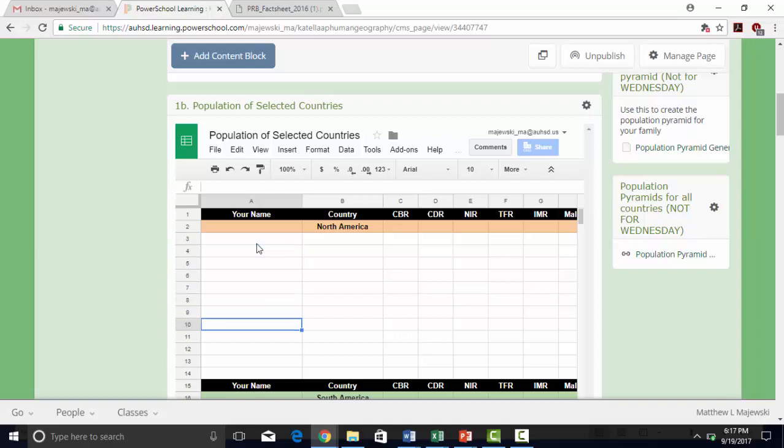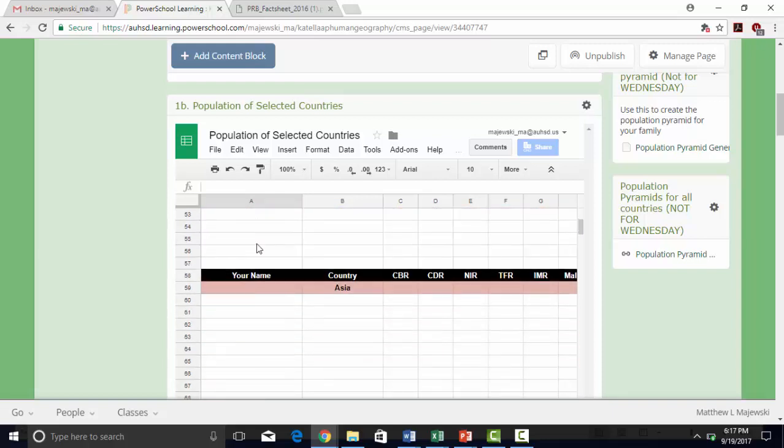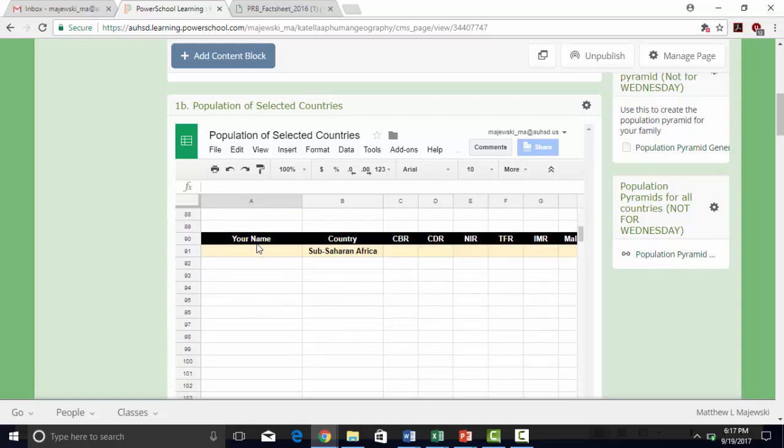I'm doing the Gambia, so I would scroll down to Africa, then Sub-Saharan Africa, and then I would put my name, Majewski. I would put my country's name, Gambia. I would put my crude birth rate, which if you remember was 41, my crude death rate, which was 9. I have to figure out my rate of increase myself, so 3.2%, right?